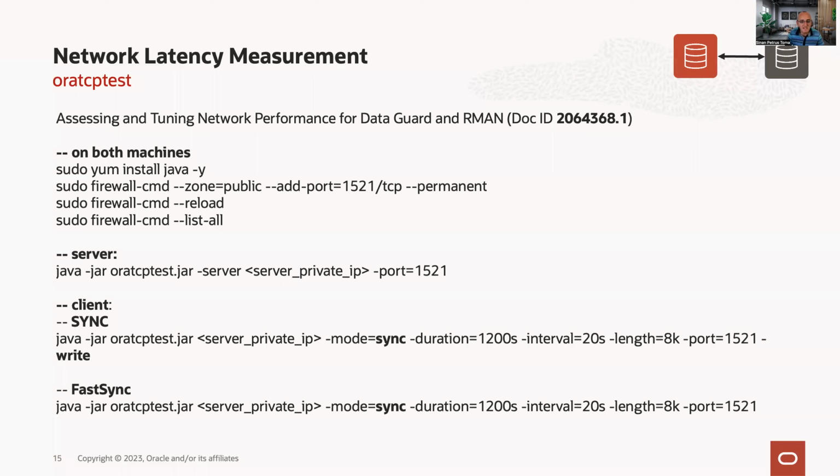And what mode do you use, synchronous or asynchronous? This mainly depends on your application's requirements to tolerate zero data loss or near-zero data loss, and what impact this has on the application's performance. Usually when the primary and the standby database are in the same region, when you go across ADs, sync could usually be used, because these availability domains are very close to each other.